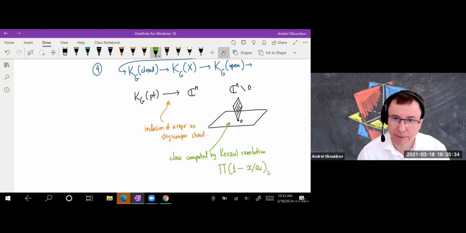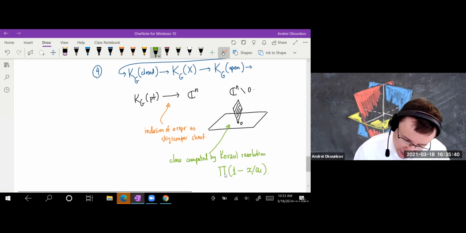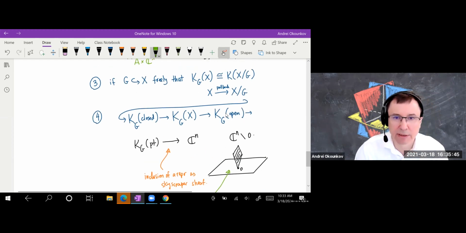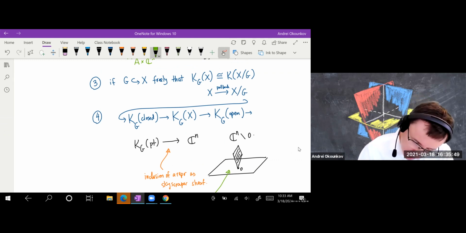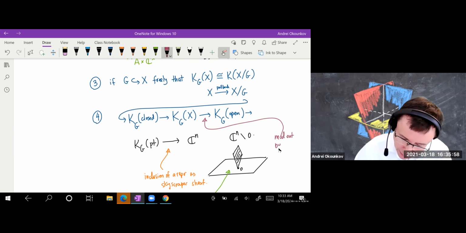Okay. And so this map, this is really when you mod out by this relation. Modding out by this relation is exactly the corresponding map here. So this map here is a modding out. This restriction to the open, you mod out by the relation, which is 1 minus a_i over x.